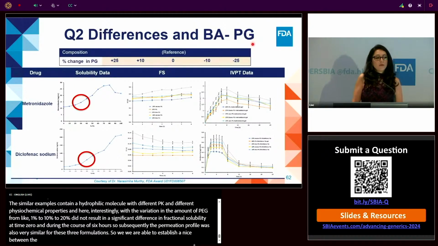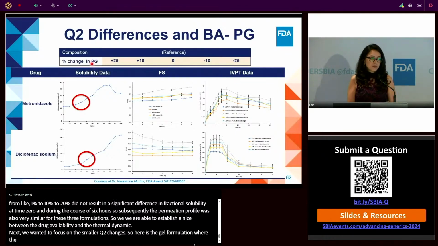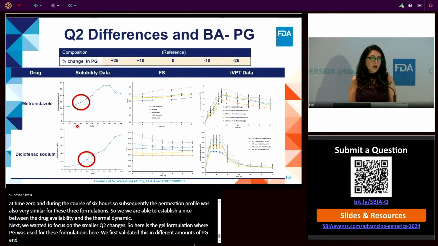Next, we wanted to focus on smaller Q2 changes and their impacts on bioavailability. So here shows examples of gel formulations where PG, propylene glycol, was used as a solubility modifier for both metronidazole formulations and diclofenac sodium formulations, and we first evaluated the saturation solubility of the drug in different amounts of PG, and to identify the reference product, we selected a portion of this curve where it is relatively steep and it's within the range of PG amount used in approved topical products.